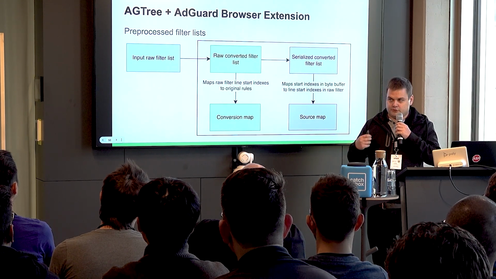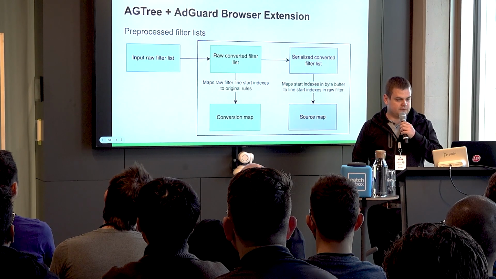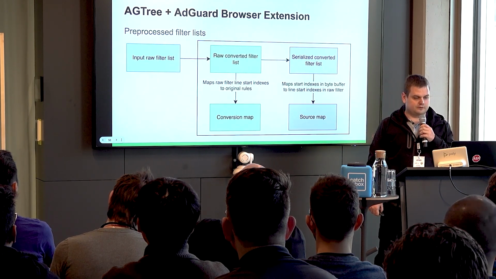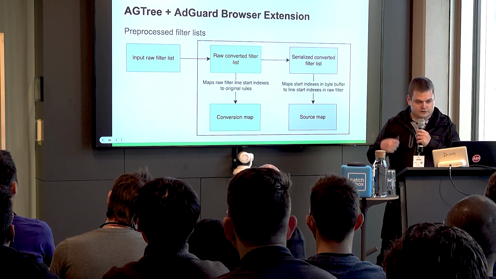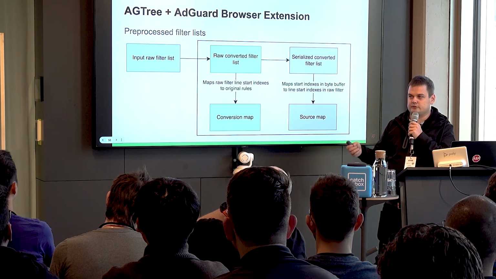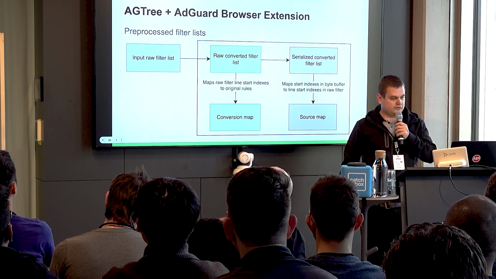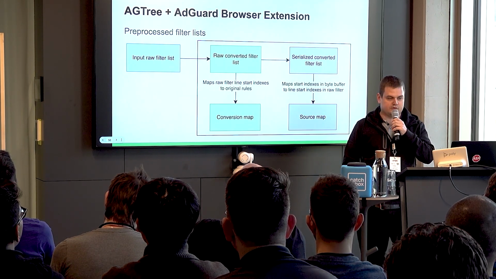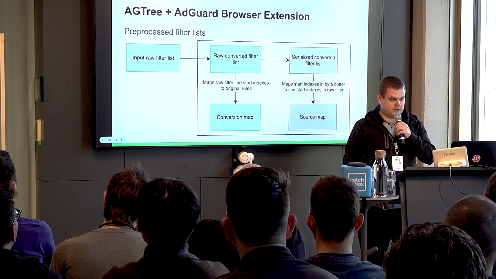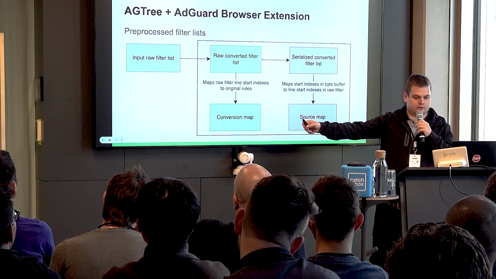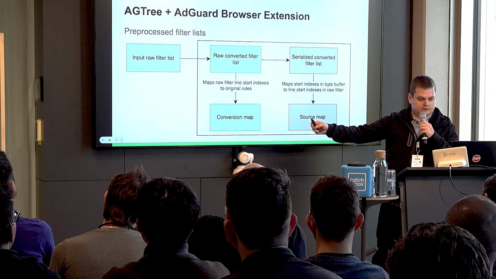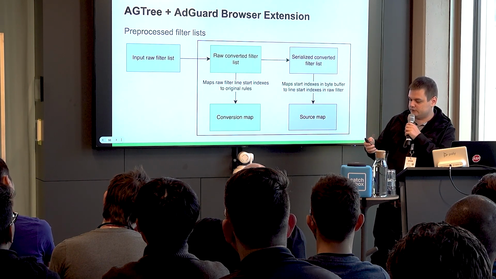And it's important to have the ability to revert this converted filter list back to its original form without any loss or changes. This is where the conversion map comes in. It maps the line start index offset of each rule in the converted filter list back to the original rule.